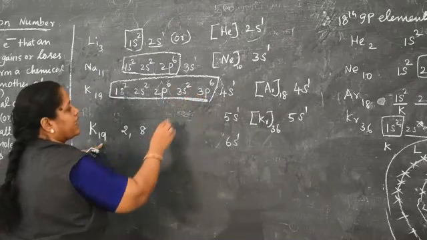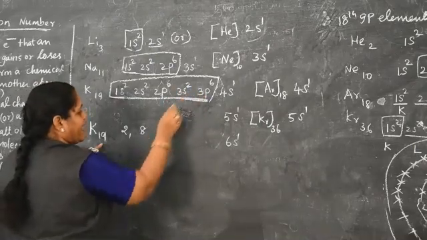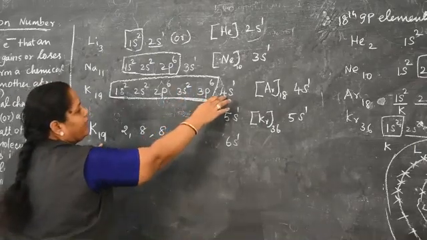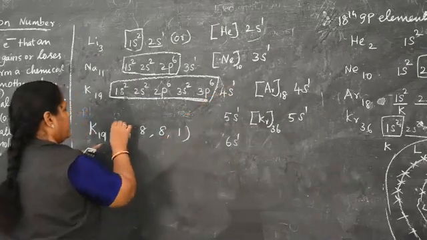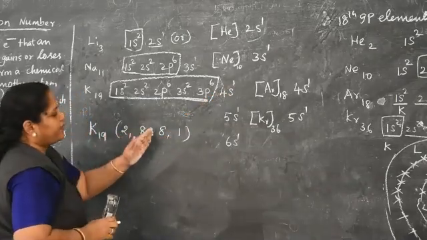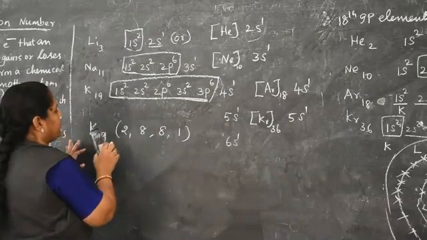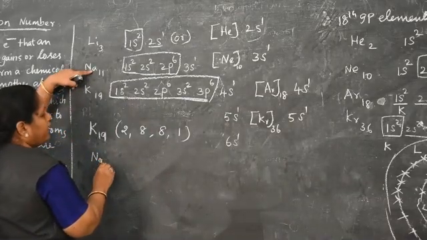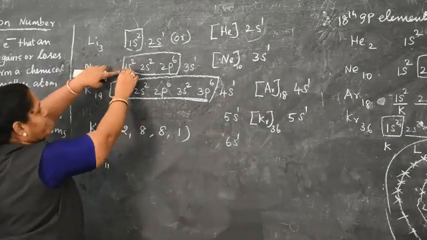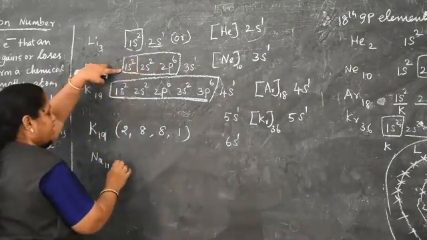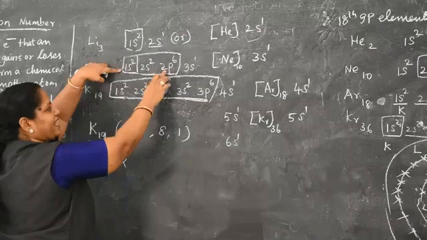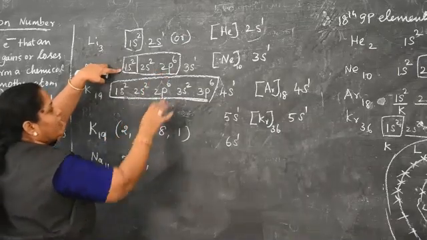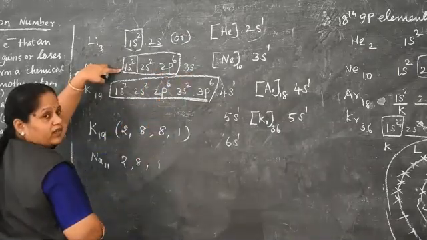So the outermost cell consists of how many? 8. Then the last consists of 1. So in this way you can represent the electrons present in any element. For sodium, atomic number 11, the first cell consists of how many electrons? 2. Second cell 8. The last cell consists of 1 electron.